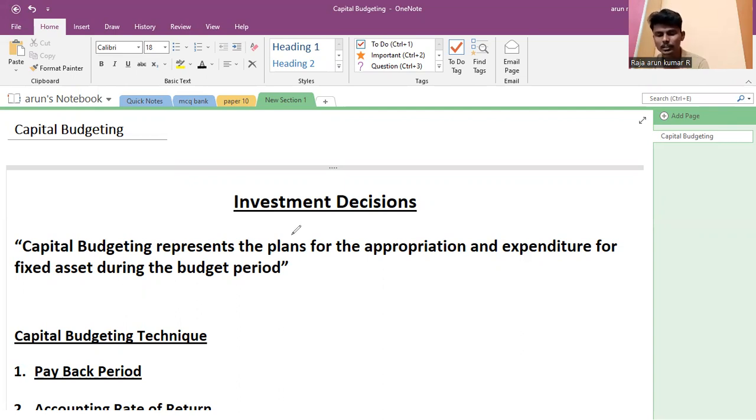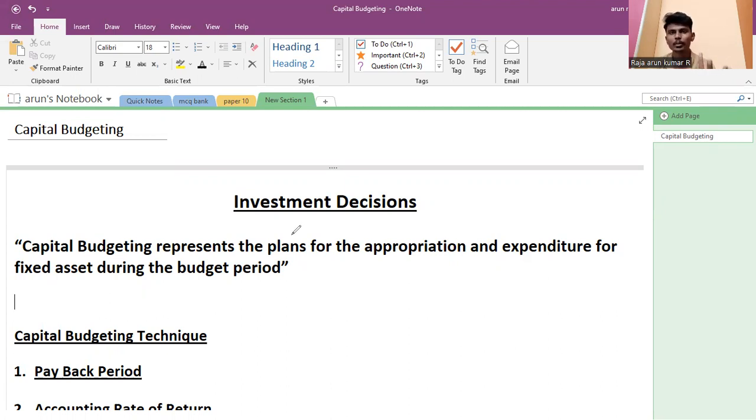This means if you have an investment, you want to appropriate it and spend on fixed assets during the particular period.